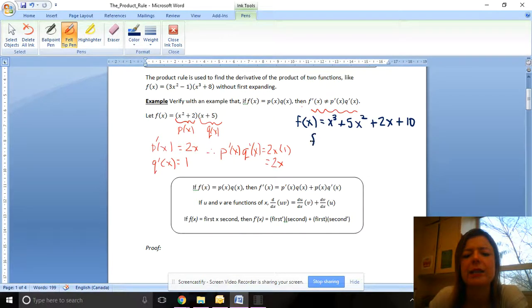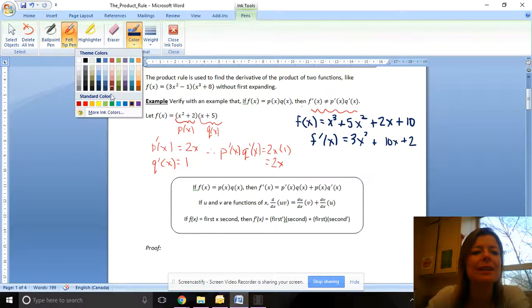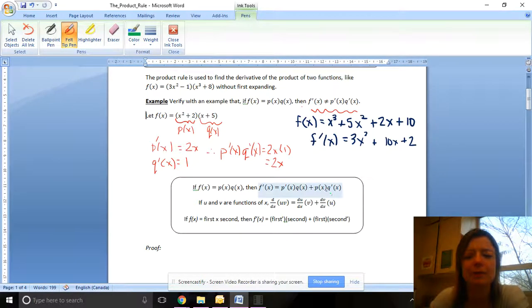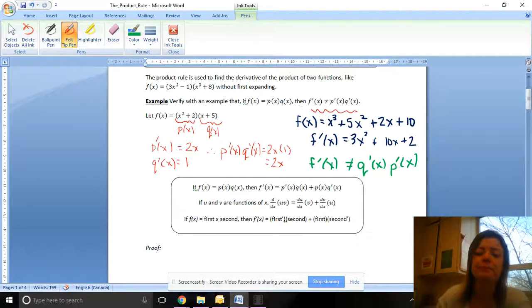If I take the derivative of this, you can clearly see it's 3x squared plus 10x plus 2. So not at all like this. So we can conclude quite confidently that f prime of x is not equal to q prime of x times p prime of x. Sorry, I should have done p and then q.